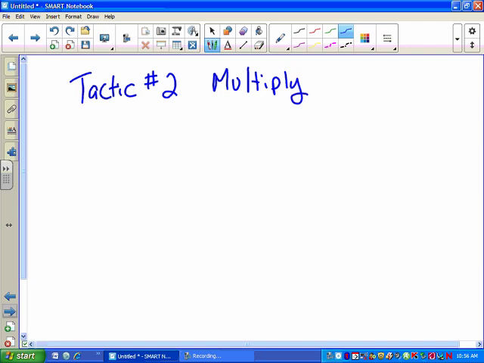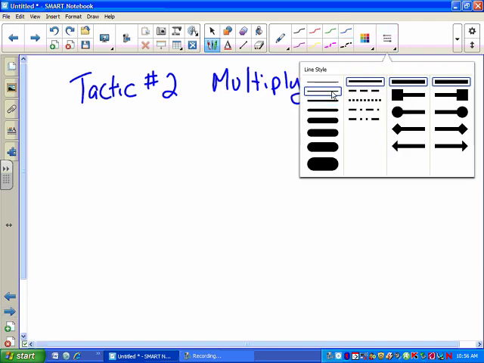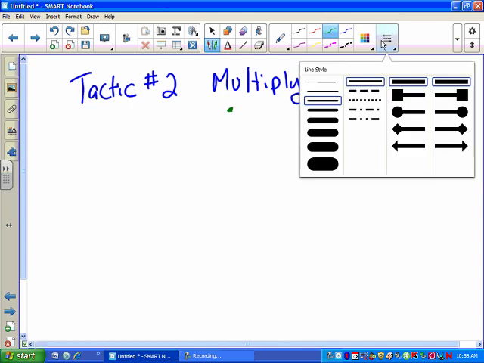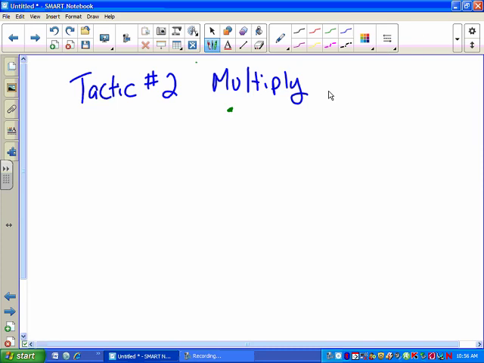Now, there's some kind of side notes to tactic number 2. The side notes are, whoops, didn't work. Some ways that you multiply it might be to FOIL, which we know is just really distributing. Sometimes you're just distributing a monomial.